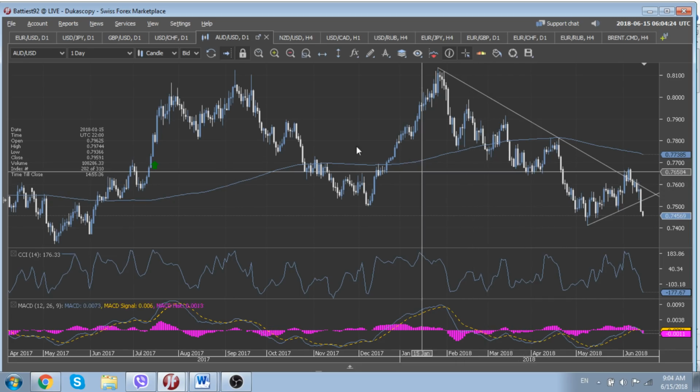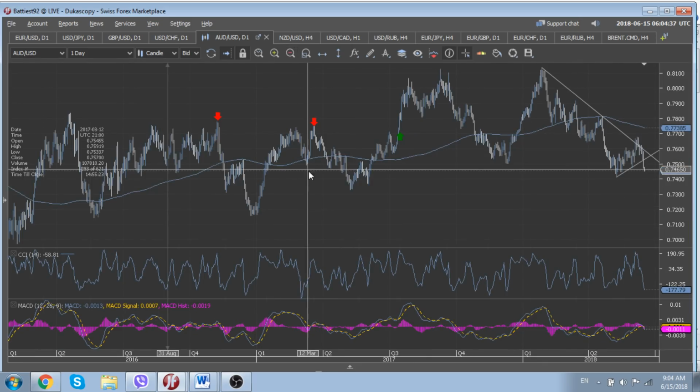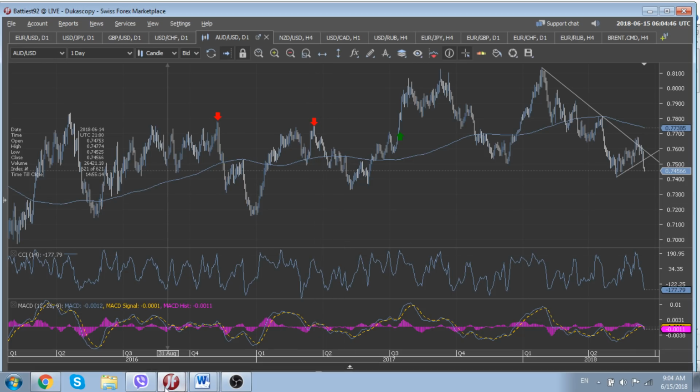During the next couple of sessions the pair should retest, and even could test, another downside barrier located around 0.7330.